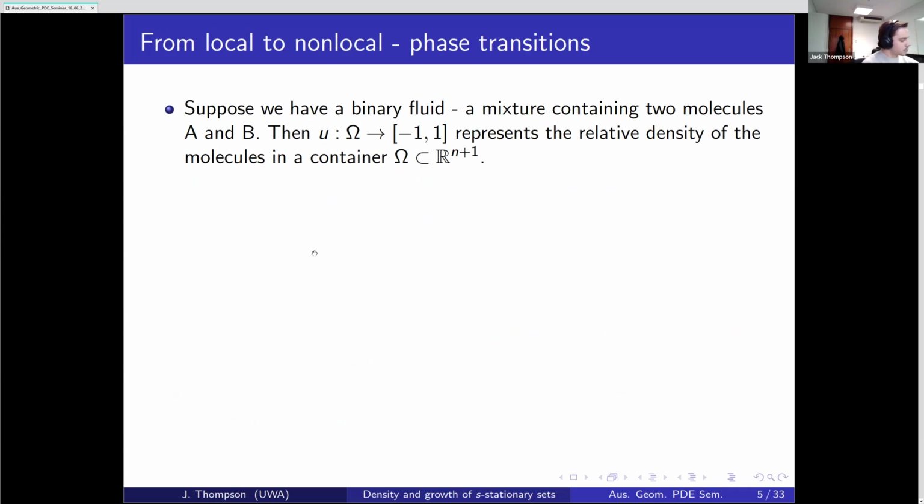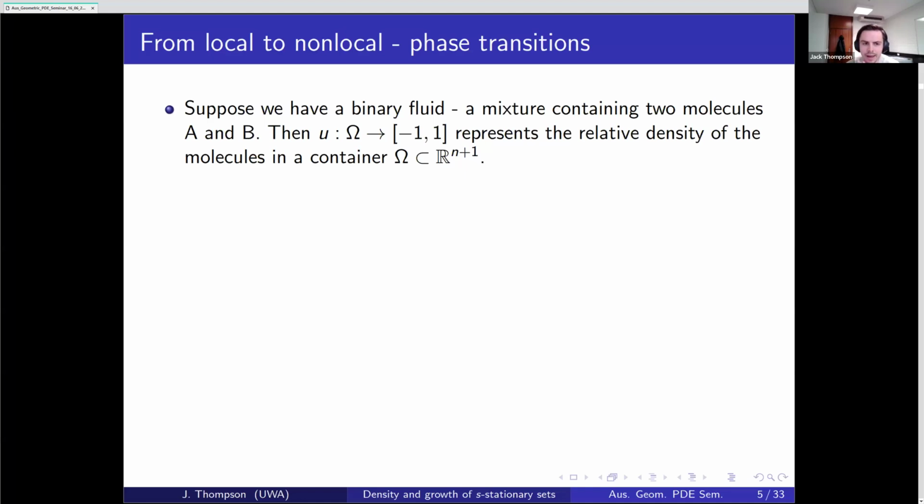Okay, so how do we move from this setup to the non-local setup? One application is to do with phase transition. The idea is let's say we want to model a binary fluid. By this, I mean we have fluid A and fluid B, different fluids that don't really mix so well.